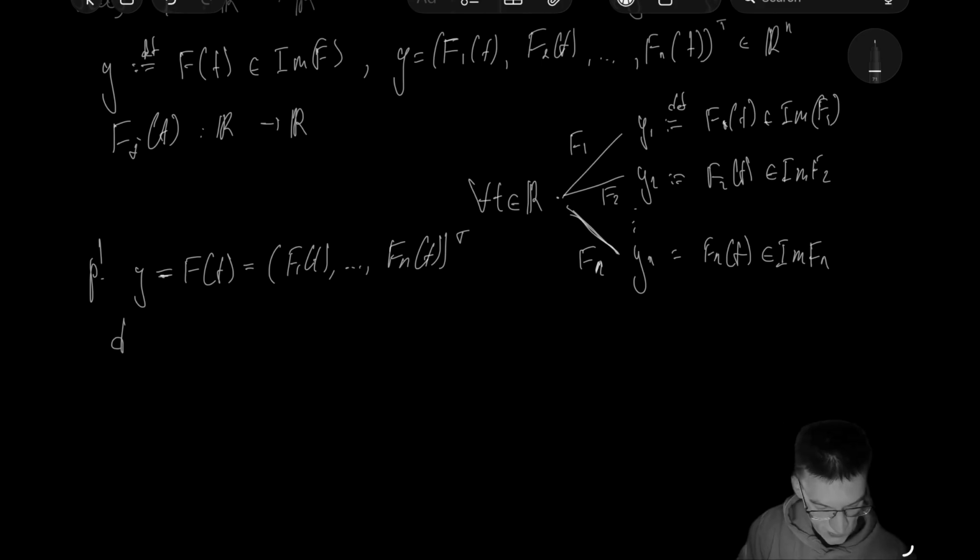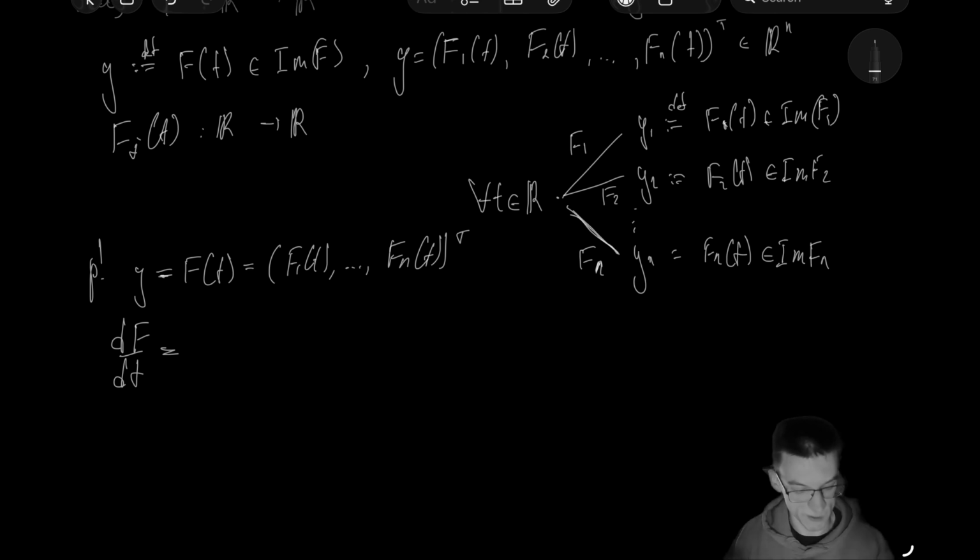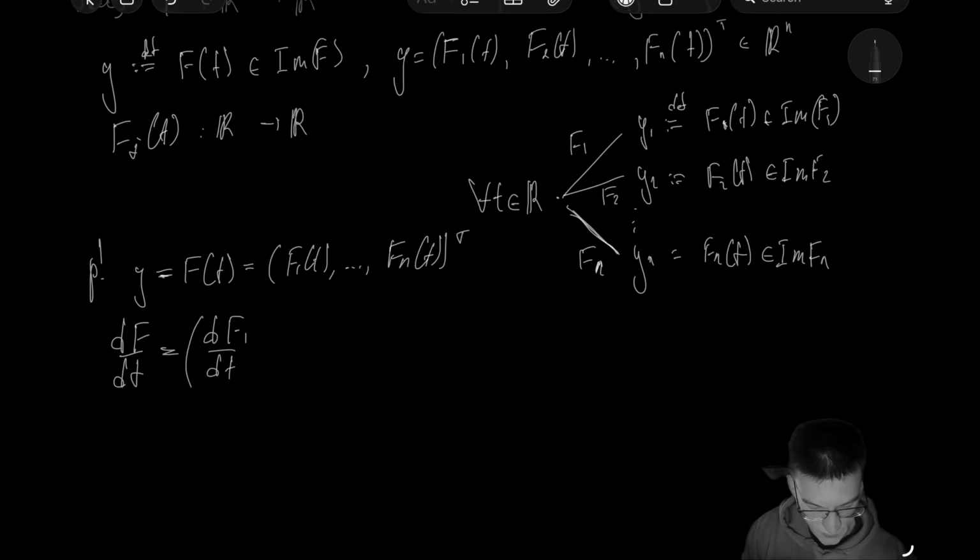So in this case, if we want to find that, let's prove that this is going to be the following vector: df1 dt with respect to t, df2 dt with respect to t, and so on.